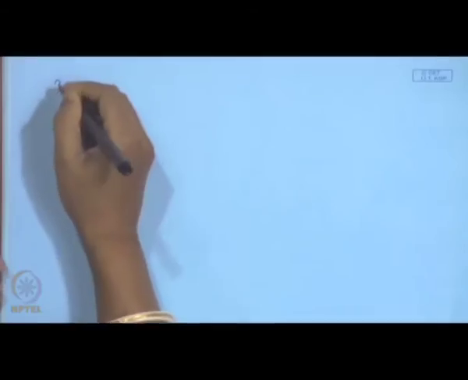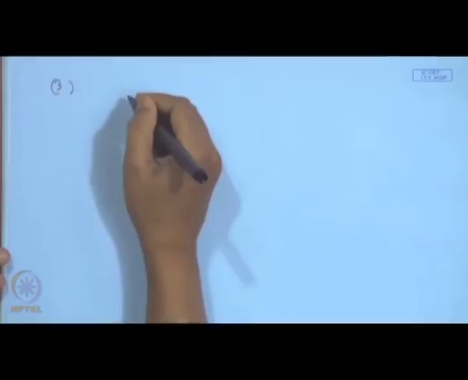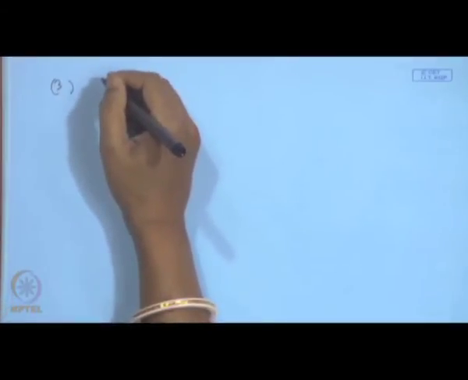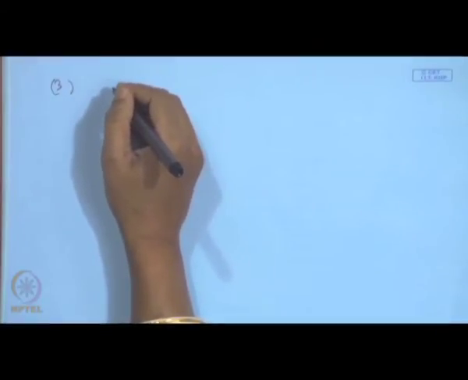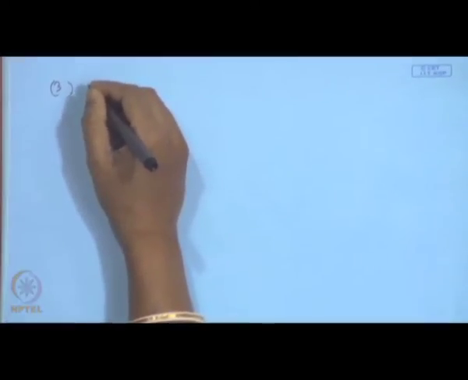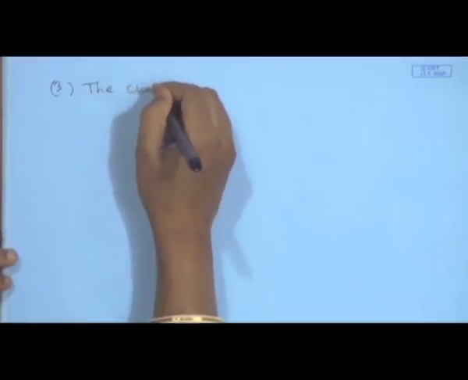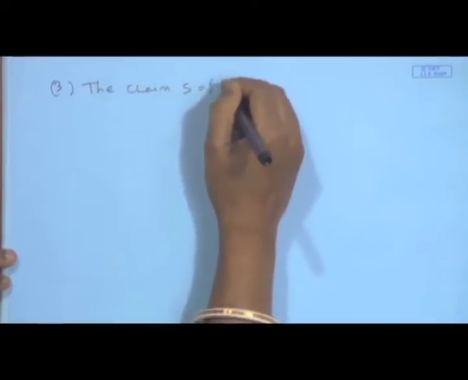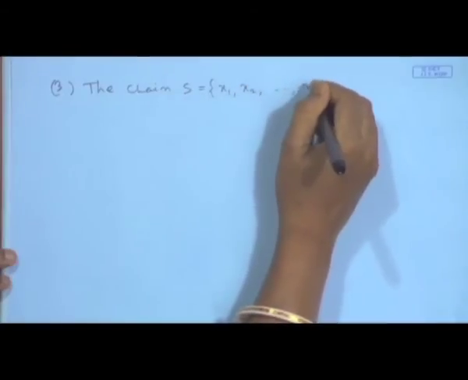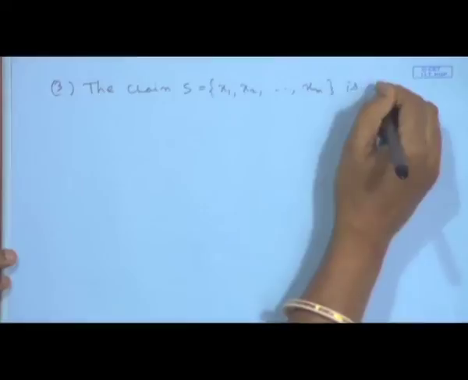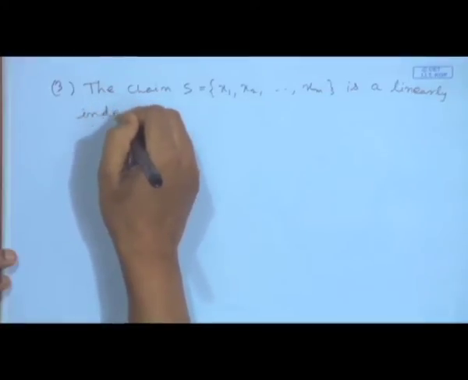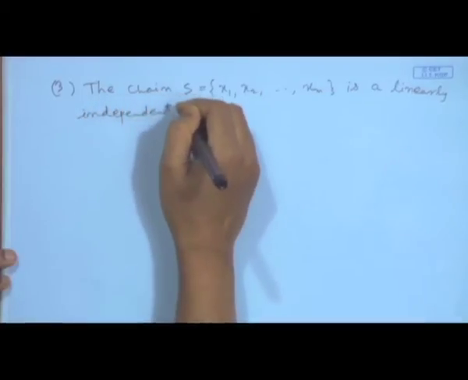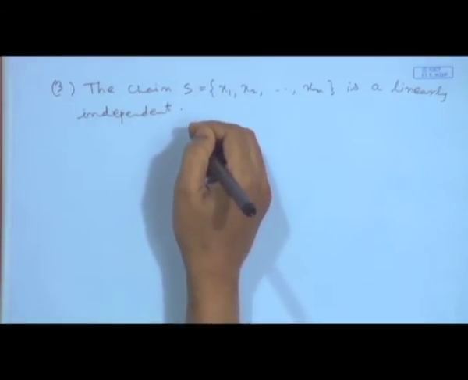So, then another important property here is that this sequence of vectors x_1, x_2 to x_m, or this set S, the chain, is a linearly independent set, and this property one can also check easily.